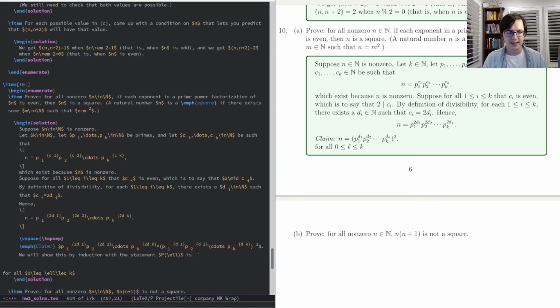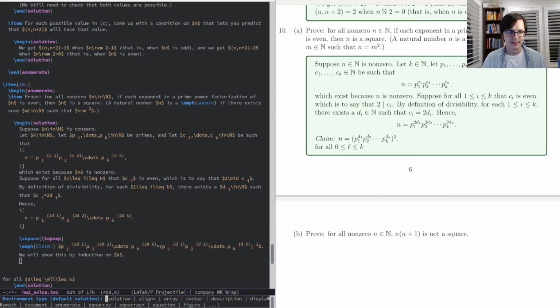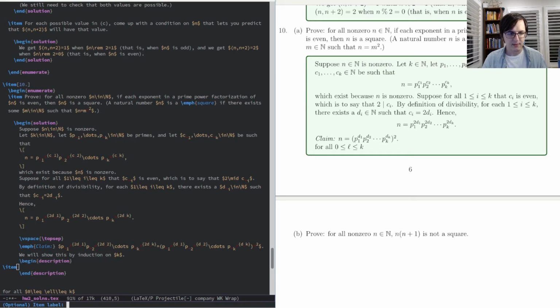And my induction statement is going to be on k. Okay. So the base case is when k is 0, right? And this is the product of no things.